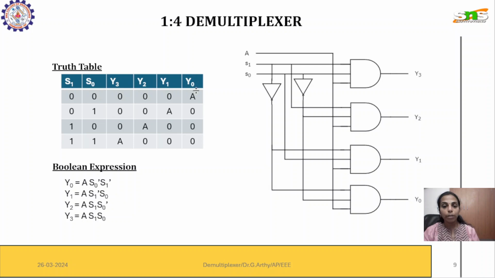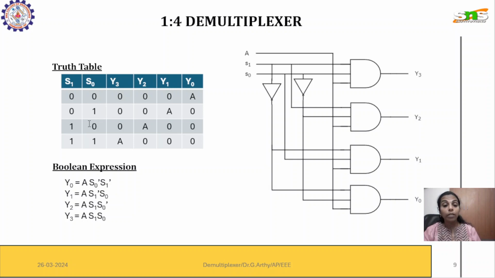For example, for y0, the minterm has 0 here and 0 here, which means S1 dash, S0 dash, and then A. Similarly, y1 equals A into S1 dash, and here it is S0.